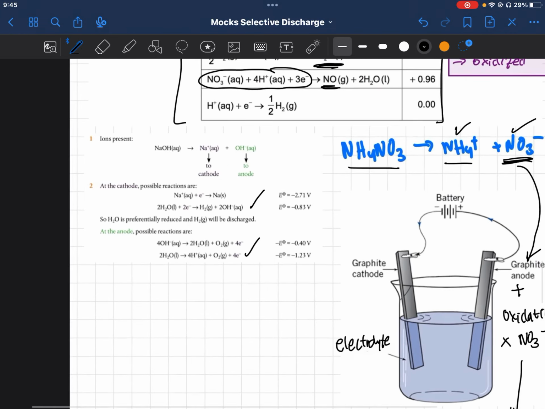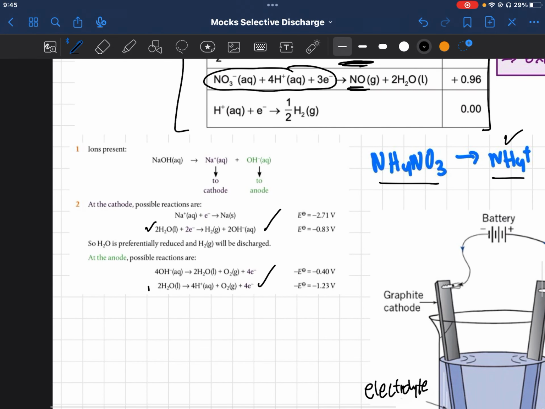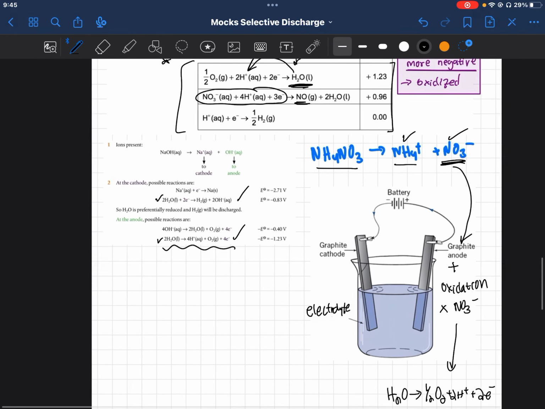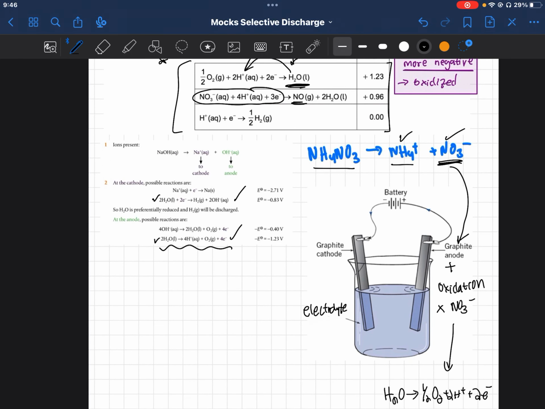These reactions, of course, are reactions that you should know, the reduction and oxidation of water. Notice this is indeed the oxidation of water that you've already memorized. They just are giving it in the simplest ratios, and here they're giving it to match the equation that we had.